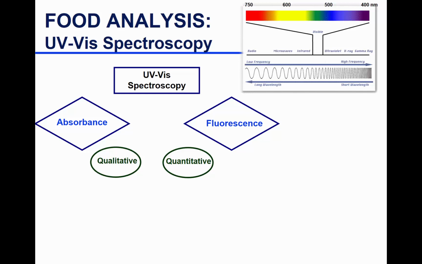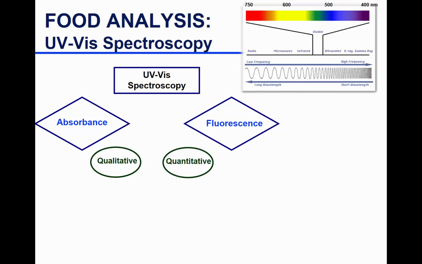So, in UV-Vis spectroscopy, we are always either measuring absorption or measuring fluorescence. And by measuring absorption or fluorescence, we are looking for qualitative information or quantitative information. So qualitative, we are either looking at structural characteristics to identify, to detect, to do forensic work where we're looking for unknowns.